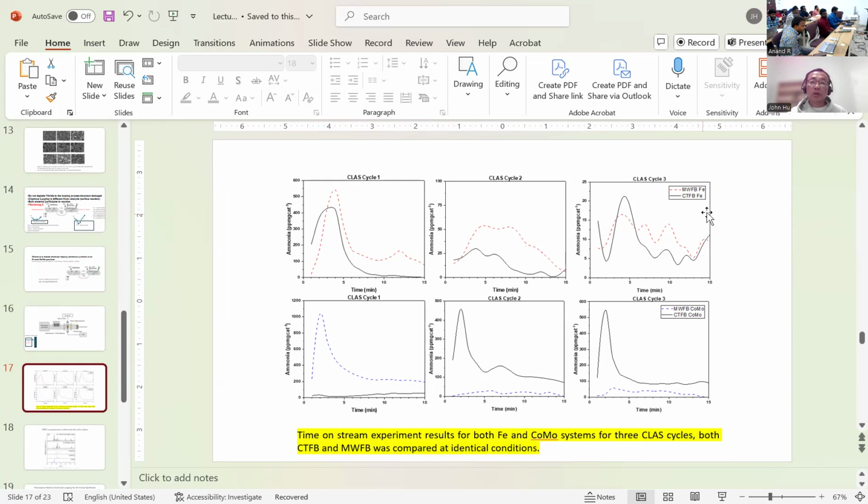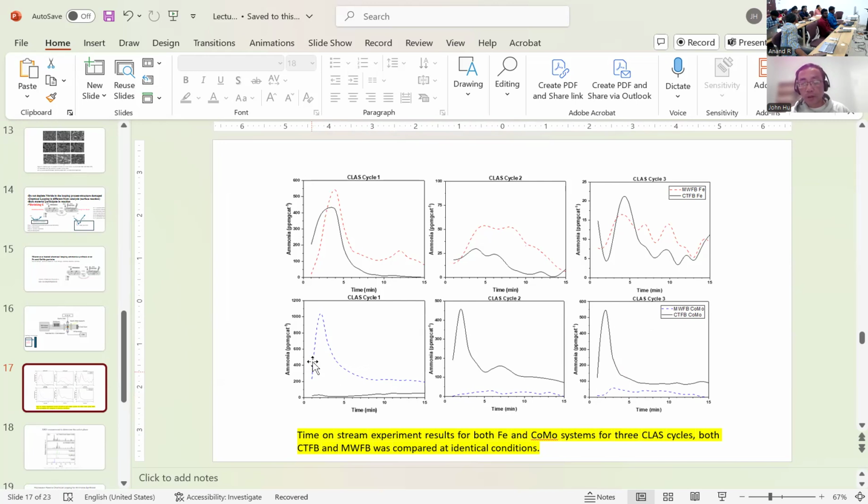Now when we change to the cobalt moly catalyst, which is the second row, in the first cycle the cobalt is much more active in the microwave. But later on, the cobalt moly in the thermal becomes active. It's not because it is more active, it's because the cobalt moly under microwave is deactivated.